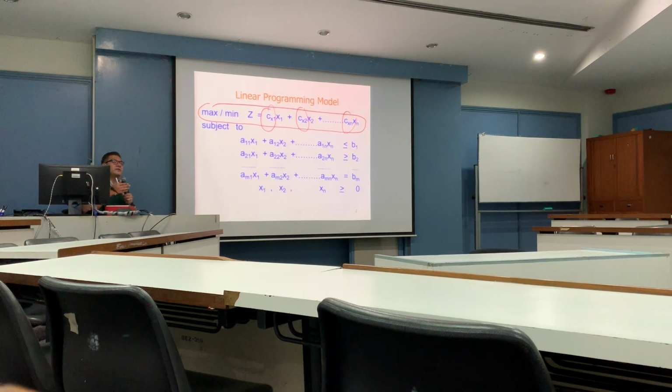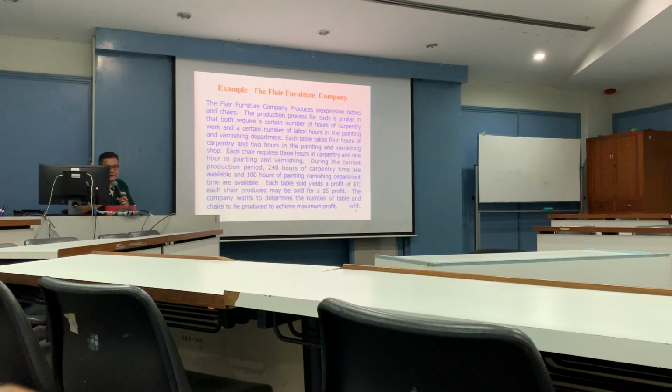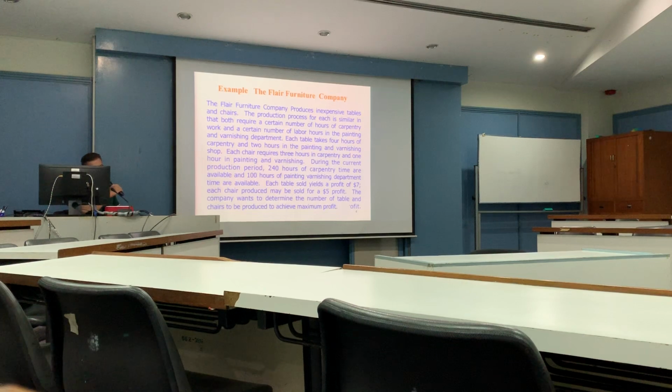How about we do one more example? If I use the old example that we have done last week, the example of the Fair Furniture Company. Remember the company that produced tables and chairs last week?